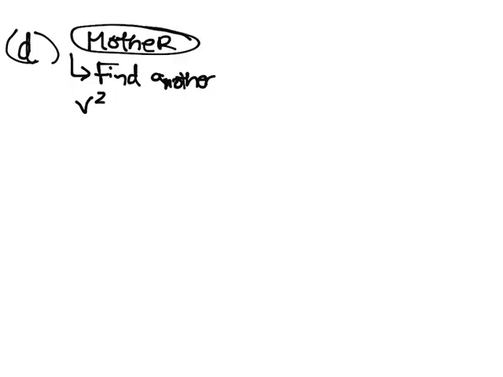So we have v squared equals v naught squared plus 2a delta x. We know that delta x is 7 meters, so we have 2 times a times 7.